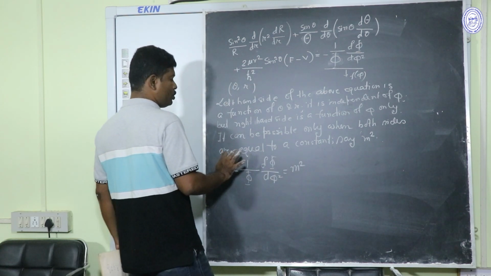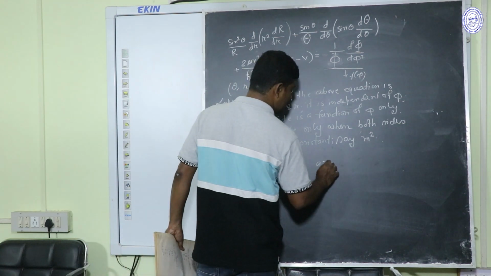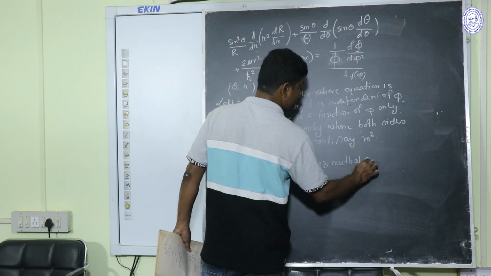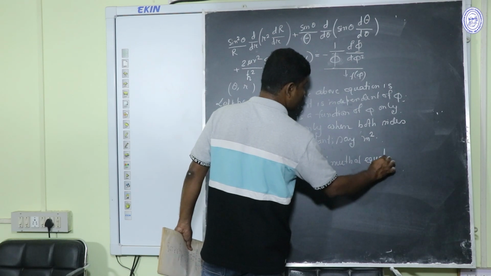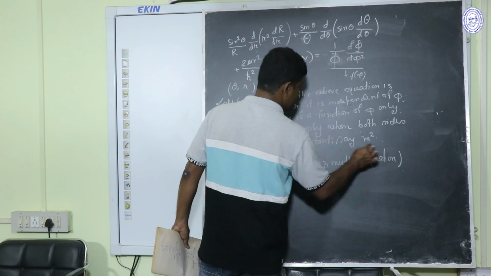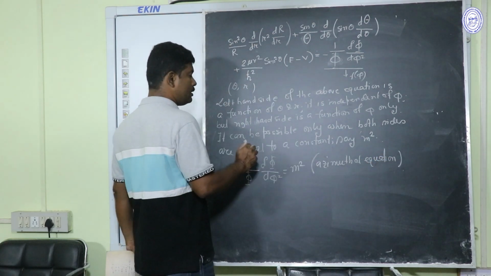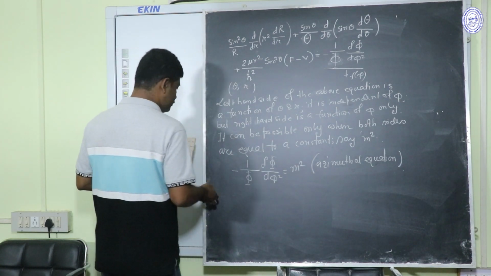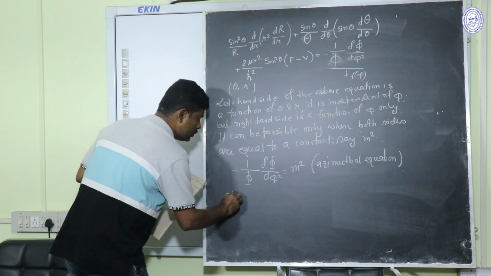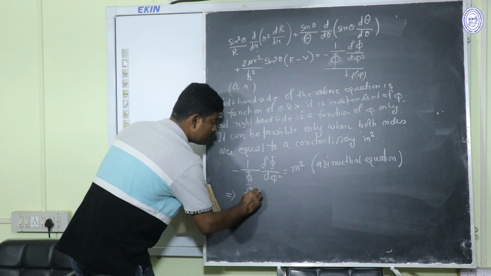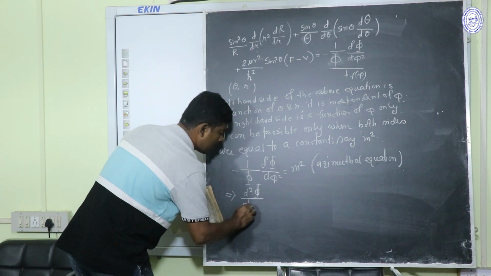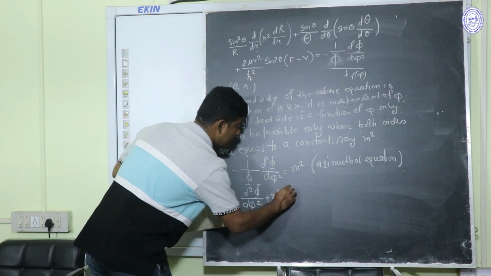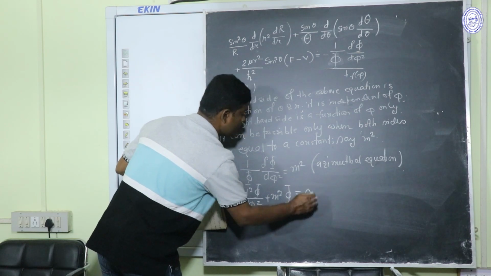This phi equation is called the azimuthal equation for the electron. Then we will get d²Φ/dφ² + m²Φ = 0.